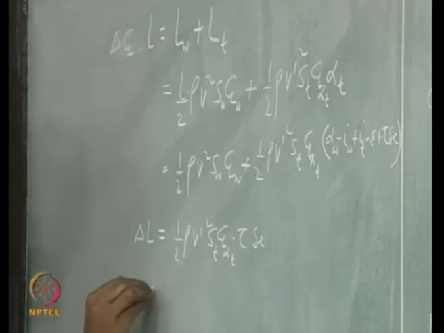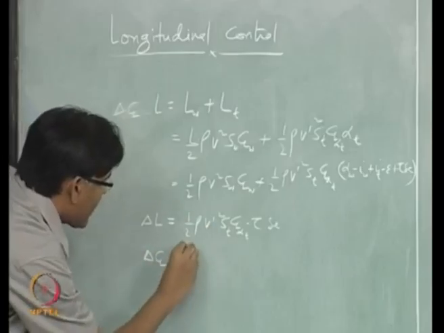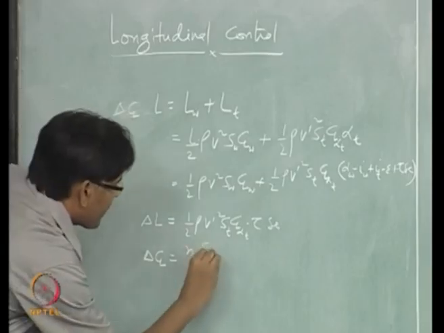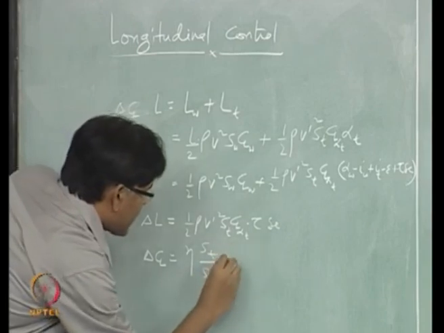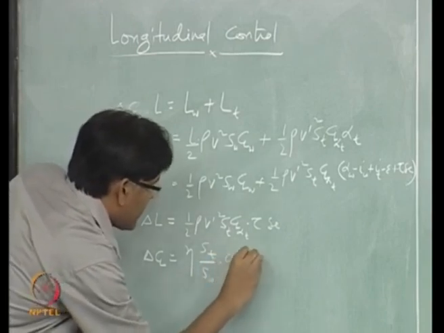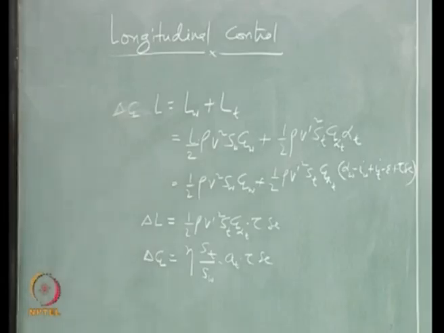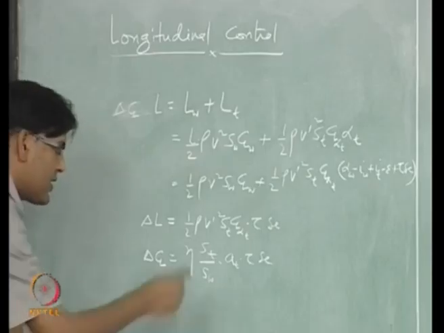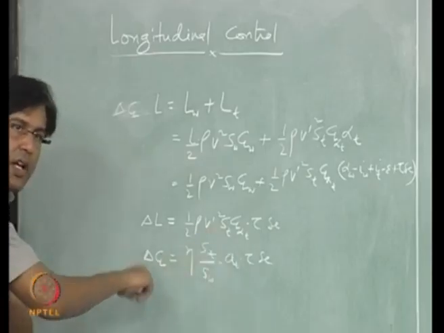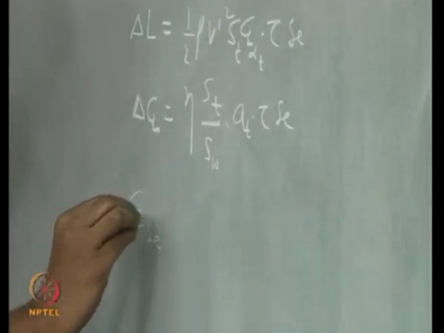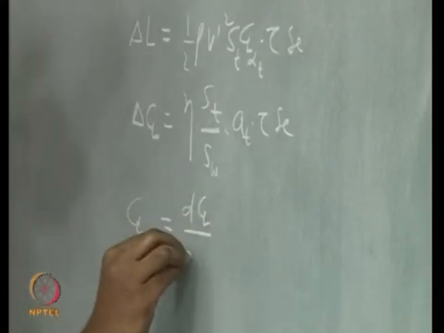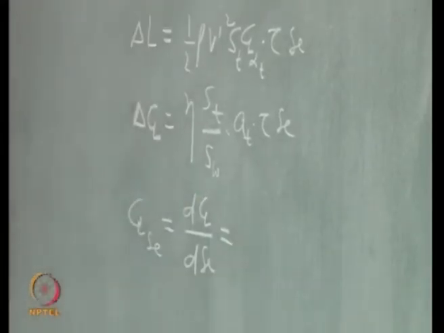So, I can also write this as the change in total lift coefficient, and that is going to be CL alpha t into a tau, right. So, the change in total lift due to change in elevator deflection can also be given by this derivative.